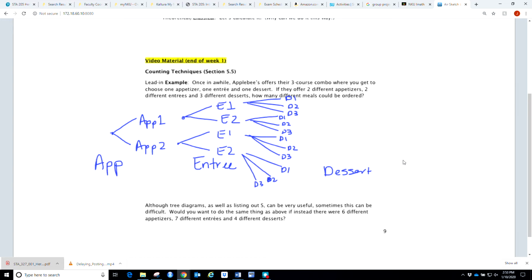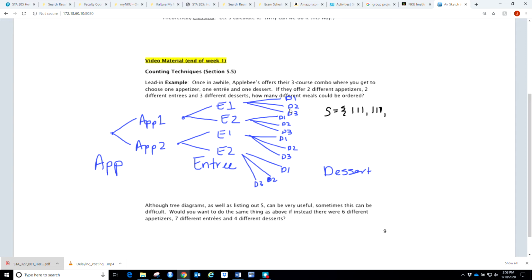So now if I look at trying to list out what is inside for these options, in a sense I can try to list out my sample space here. I could see one option would be choose appetizer 1, entree 1, dessert 1, or 1, 1, 1. I could have chosen appetizer 1, entree 1, dessert 2.